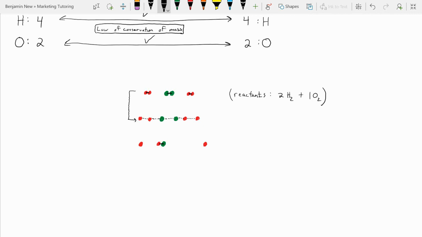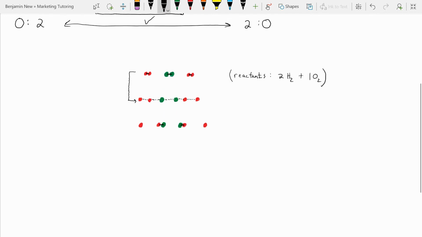This is just an intermediate. It means that it will form into something else very soon. But this is how I want you to think of the reaction. And that similarly also forms an OH, and that now is bonded. So we go from there to there.